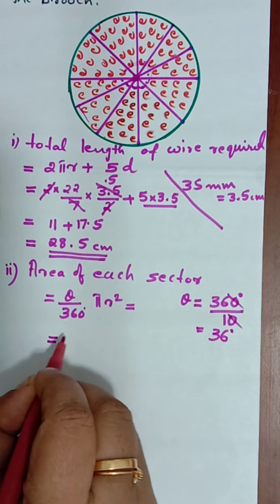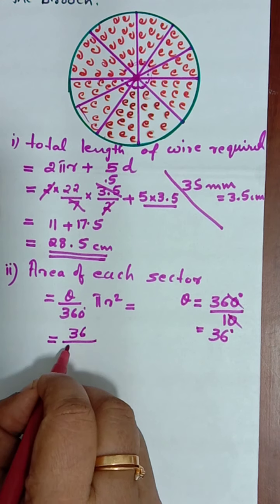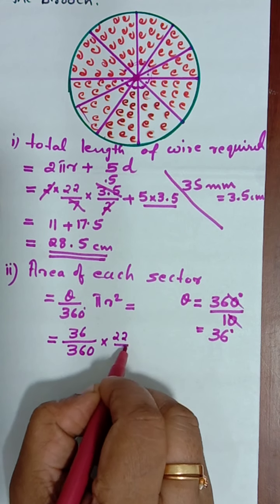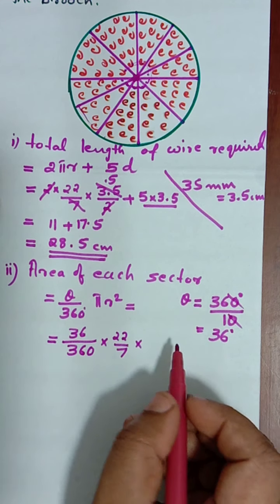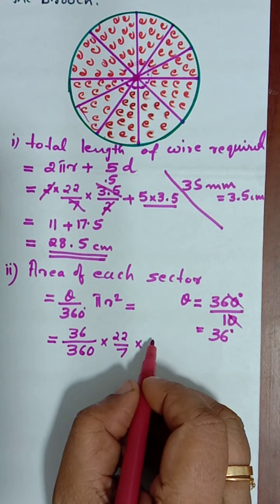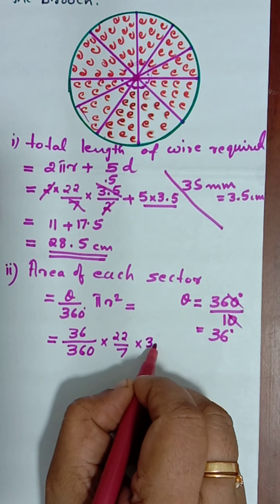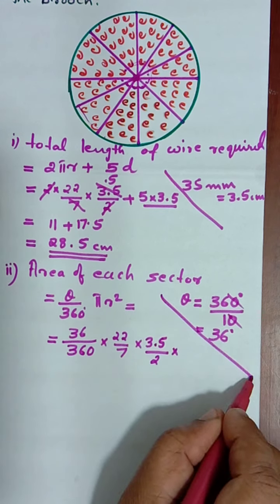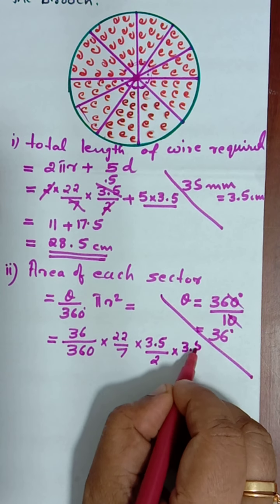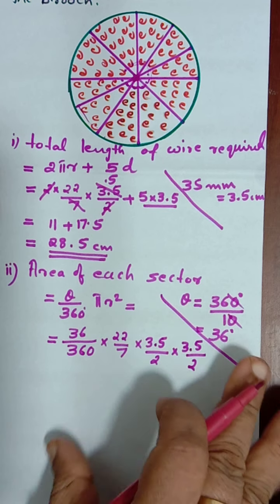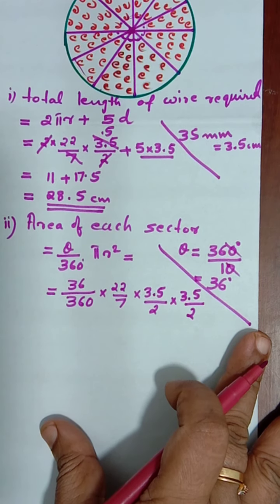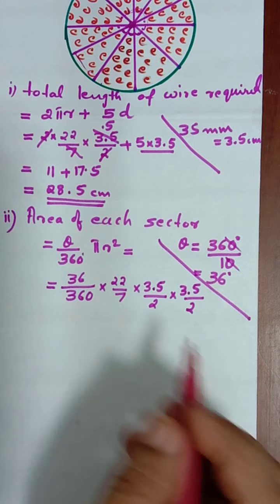So here this becomes 36 divided by 360 into 22 by 7 into, what is the radius? Isn't it 3.5 by 2? 3.5 is the diameter, please be careful. 3.5 by 2 into 3.5 by 2. So let us do the calculation. 36 by 360, we can cancel it.